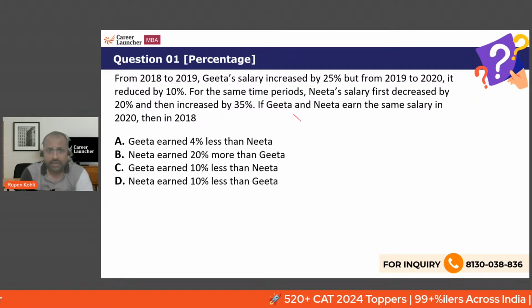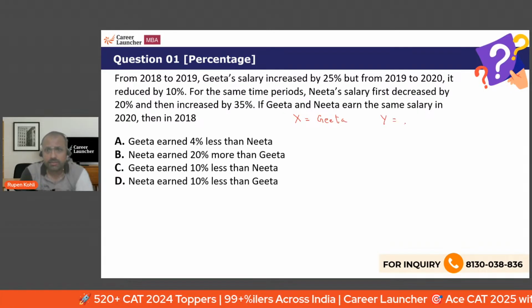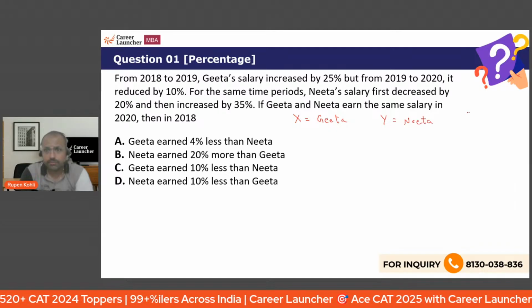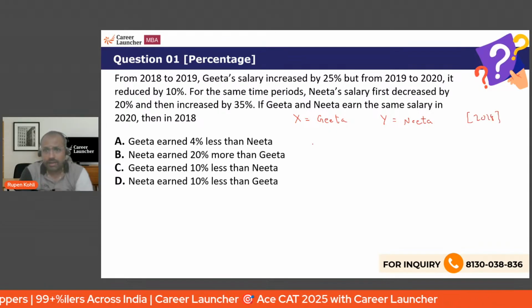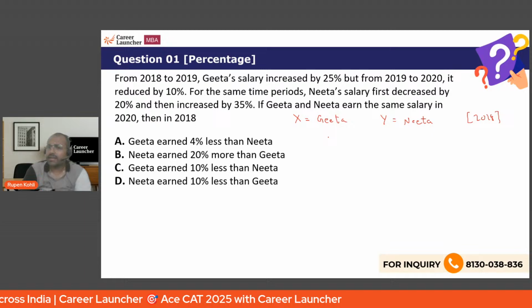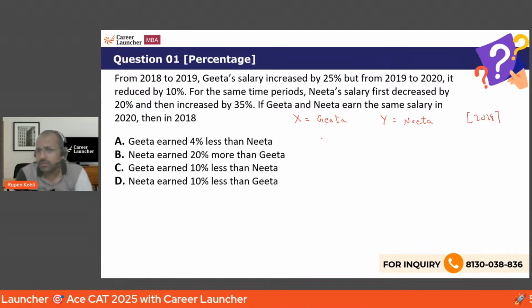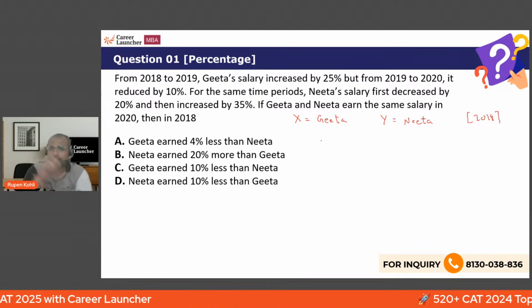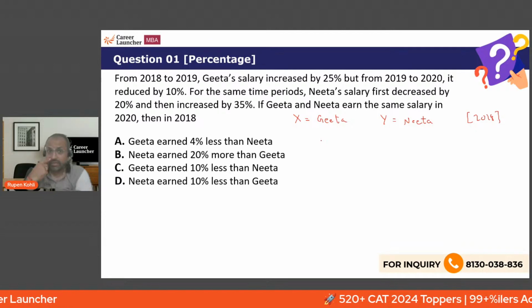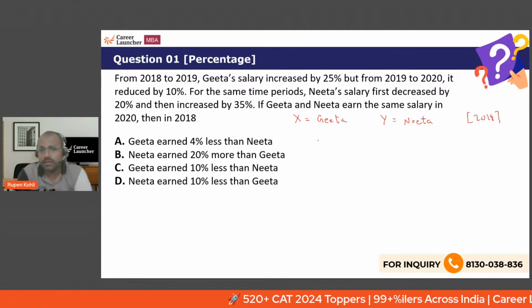X is Geeta's initial salary in 2018 and Y is Nita's initial salary in 2018. So we'll directly write one single line equation, that Geeta's salary in 2020 matches with that of Nita in 2020.